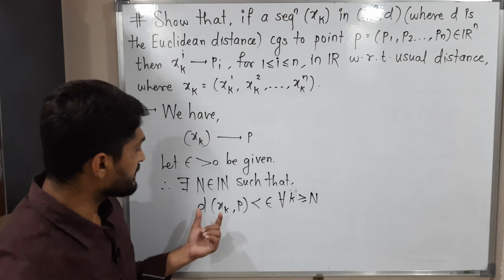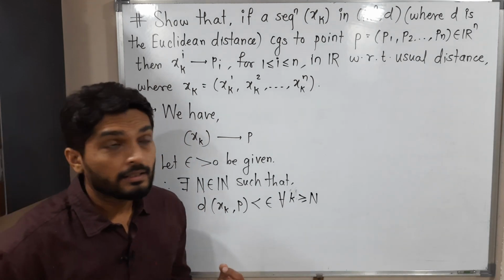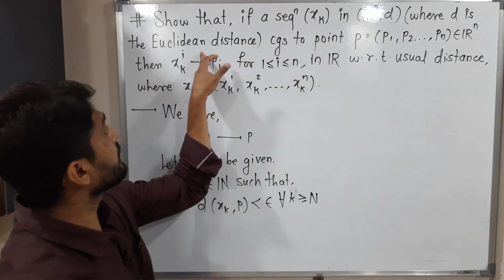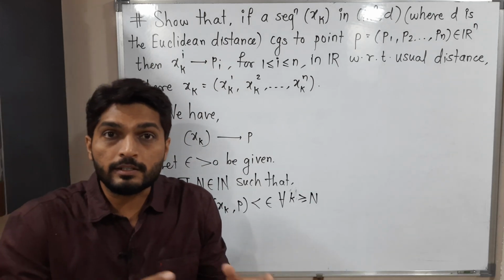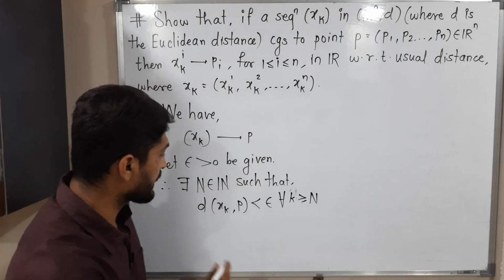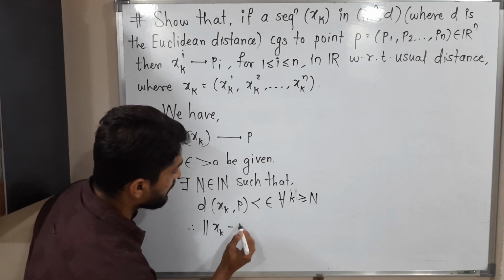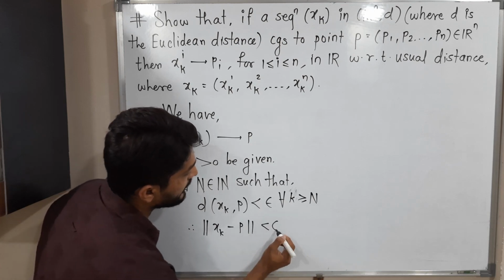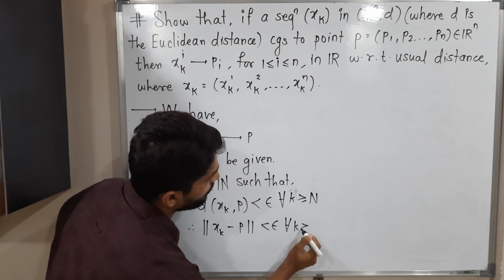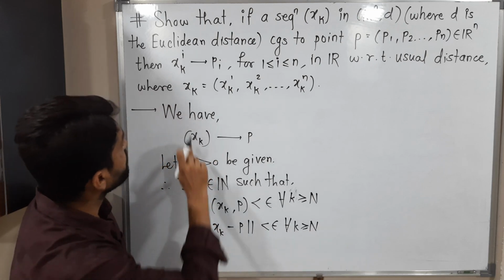This d is the Euclidean metric, the Euclidean distance. It is defined with the help of the norm, so I can write, therefore, norm of xk minus P less than epsilon. But what is xk?